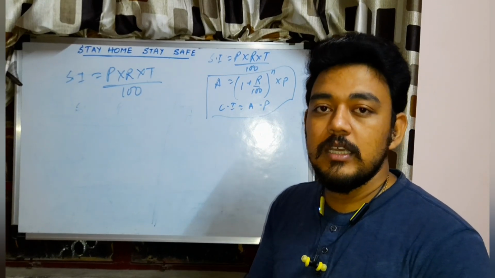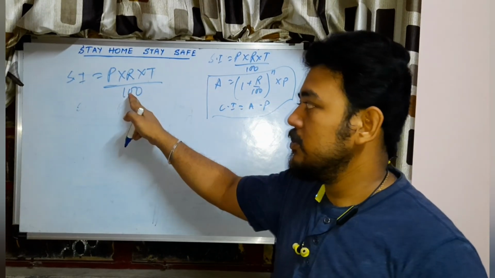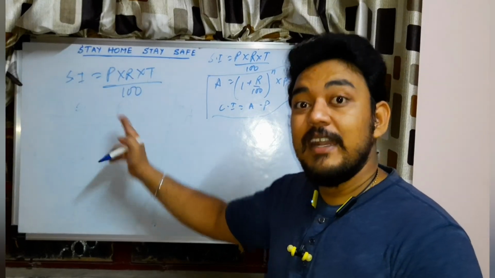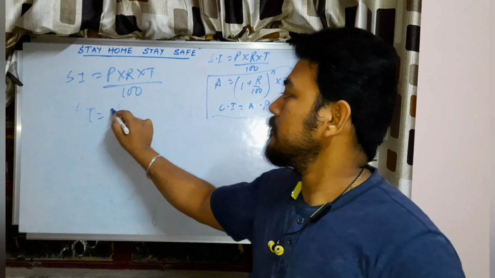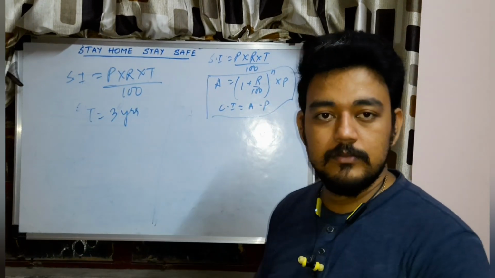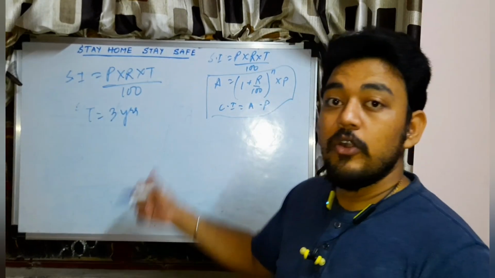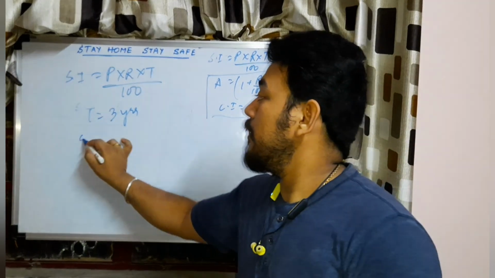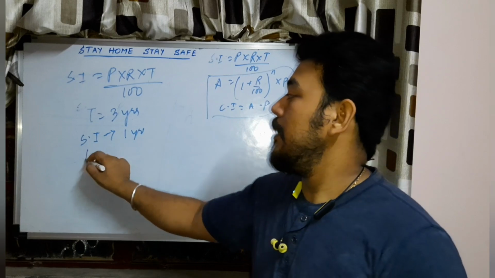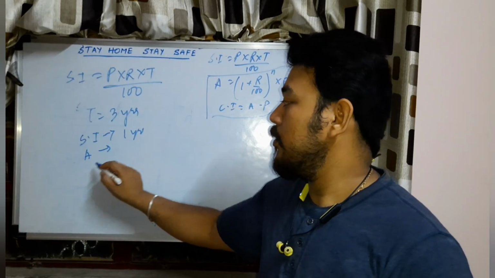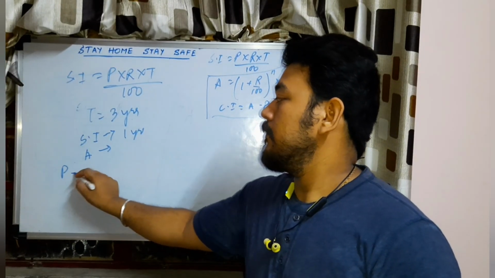Suppose 3 years is there. So for 1 year I have to calculate this, then I have to find the amount. That amount will be the principal of the second year. So suppose time is 3 years. In order to calculate the CI, I have to find SI for 1 year, and then I have to find the amount, and that amount will be the principal of the second year.